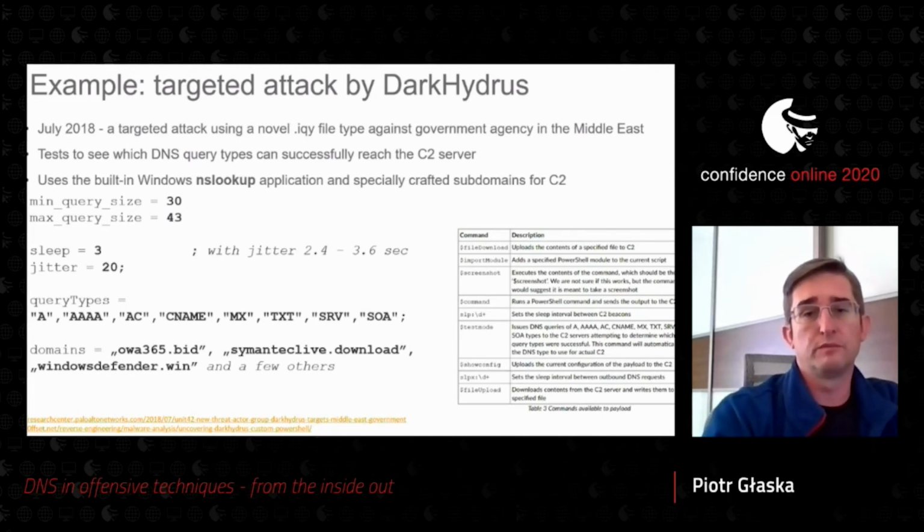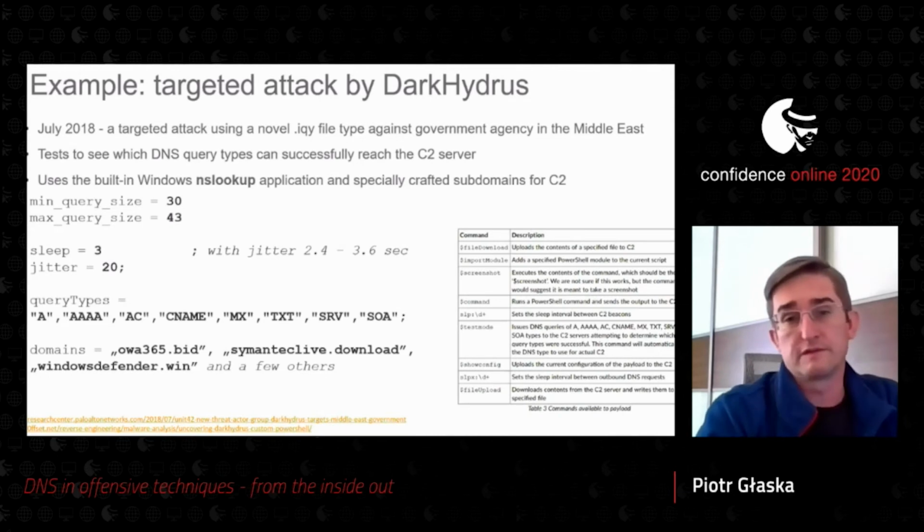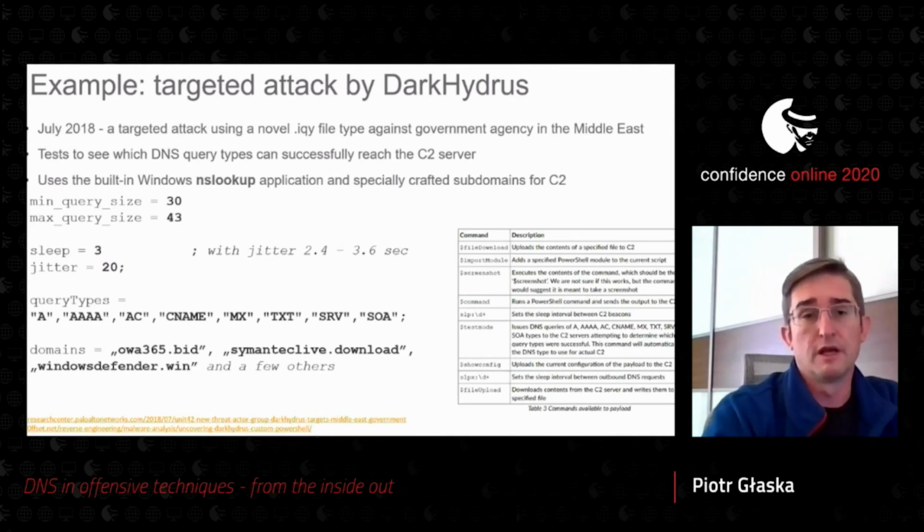If that was not blocked, they would use just A queries for the further transmission. If that was blocked, they would try quad A. If that was blocked, CNAME, MX, SOA. So they would try different record types. And the reason why they did so is because they did the reconnaissance phase very well, and they knew what kind of security systems they could find in their target.